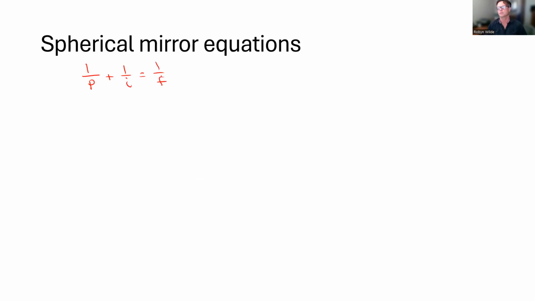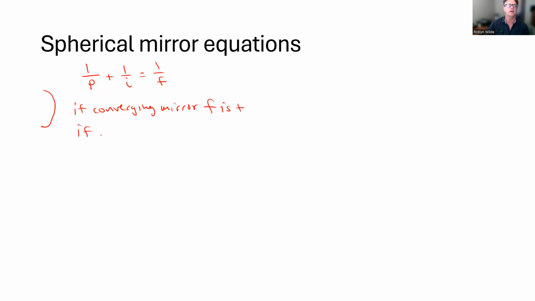Now I need to be careful because negative signs are going to distinguish between whether things are virtual or not. So if I have a converging mirror, right, this would be the concave mirror, focal length is positive.